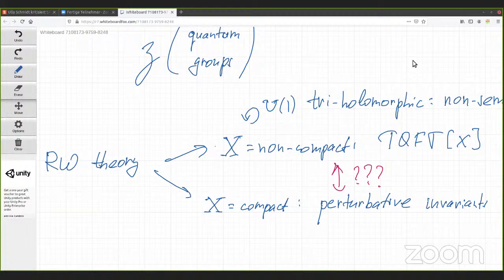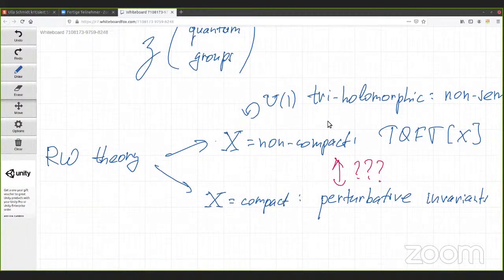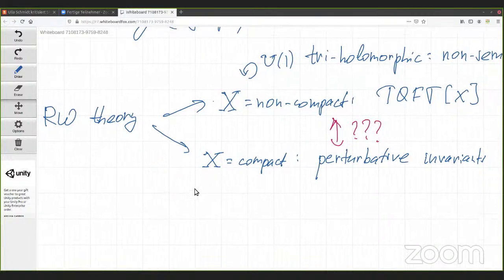In any case, you raise a very good point that there is an old story. So this perturbative business goes back to, I don't know, mid-90s, 1990, whatever, '95 or '97 when this came about. And here we're talking about 2020. So I have no idea what the relation between the two different uses of Rosansky-Witten theory is.